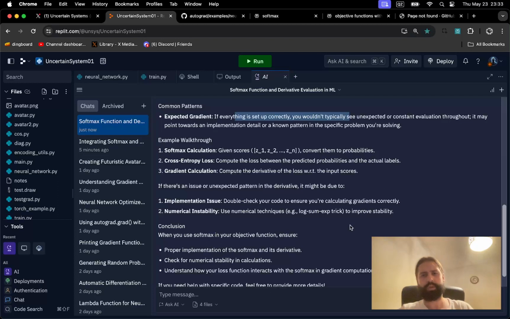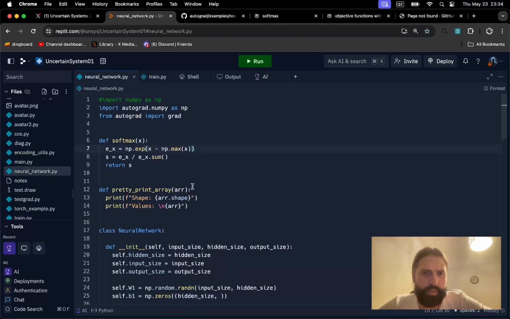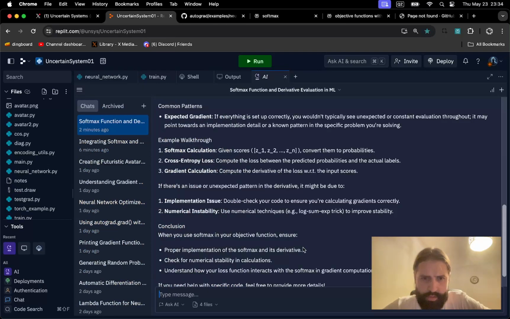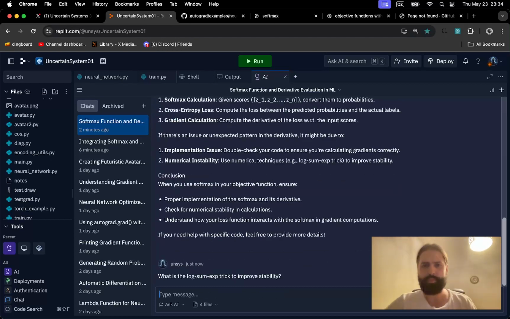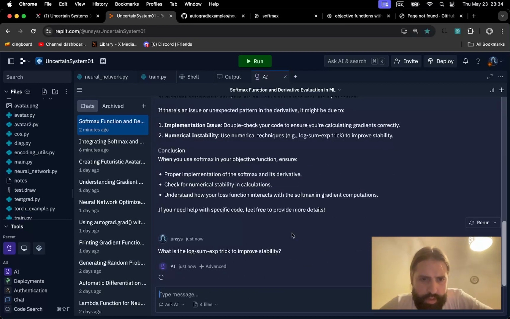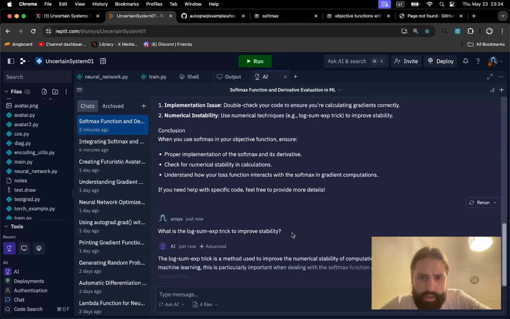That's correct, numerical instability. Log sum exp trick. What is the log sum exp trick? To improve stability.